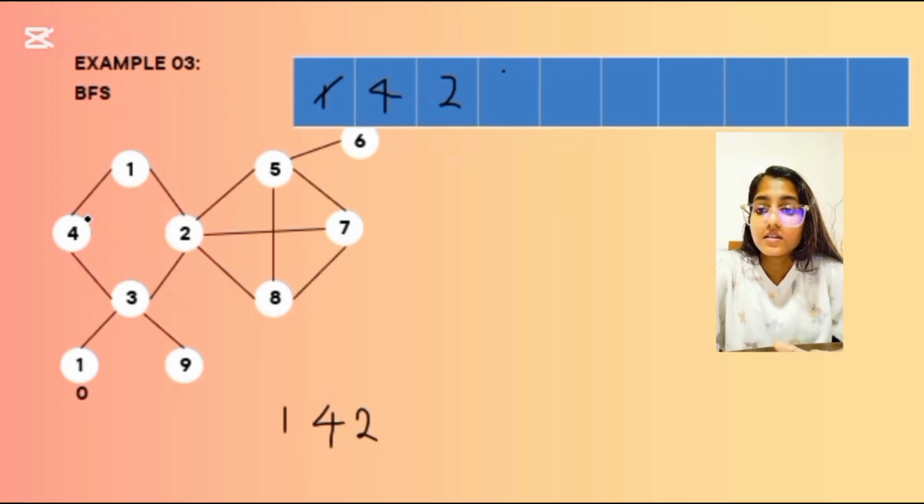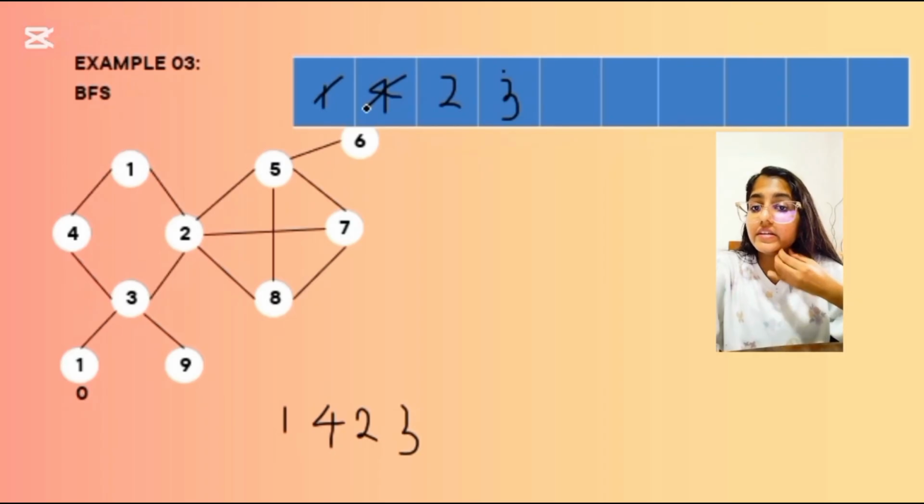Here you can see that the adjacent vertex of 4 is 3, so you must write 3 here and also here. Then you can see that there are no more adjacent vertices for 4, and so you can remove 4 from this queue also. Then you must visit 2.